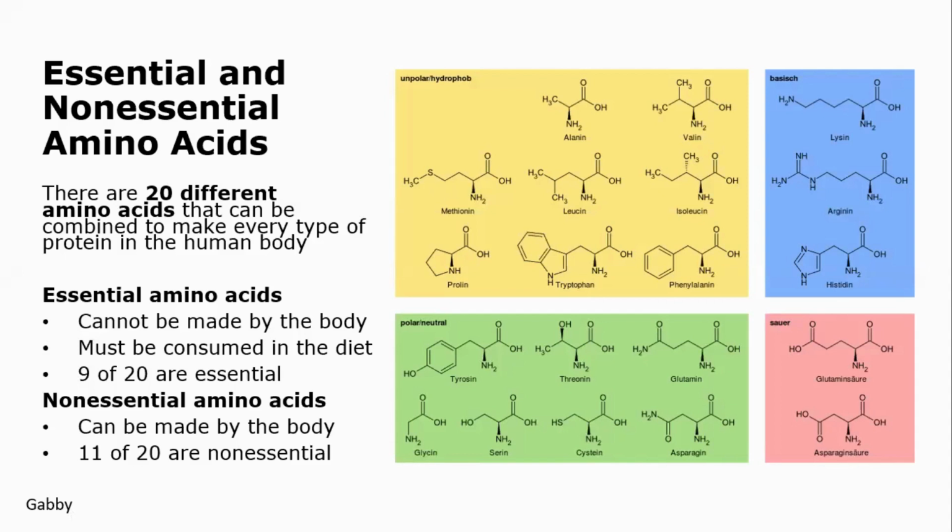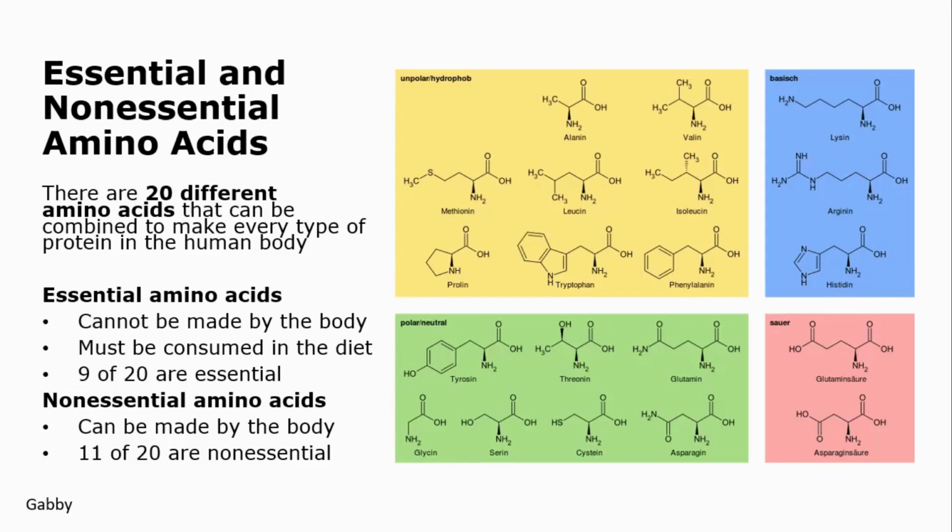In total, there are 20 different amino acids that can be combined to make every type of protein in the human body. And also, like Courtney said, what makes these amino acids different is the type of R group. If you look at the picture I have on the slides, this contains all the 20 amino acids. And as you can see, some have larger R groups or smaller R groups, but that difference in that functional side chain is what makes each amino acid unique.